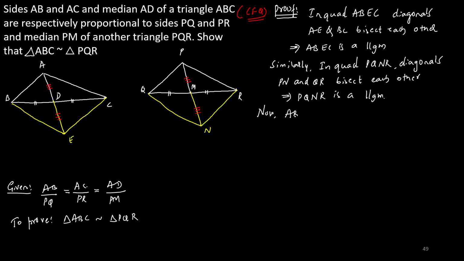So look at this very carefully. AB by PQ is equal to AC by PR is equal to AD by PM. This is given to you. So now what I do, AB by PQ I'll keep as it is.